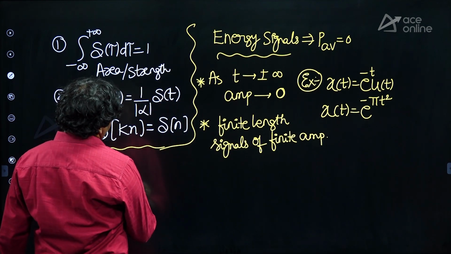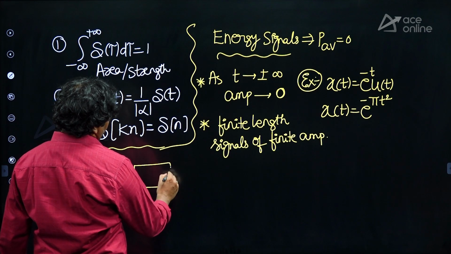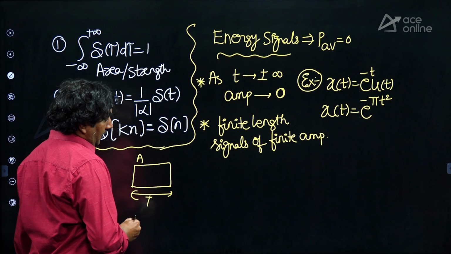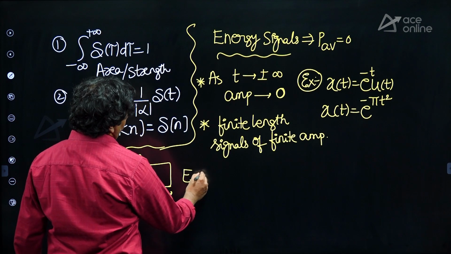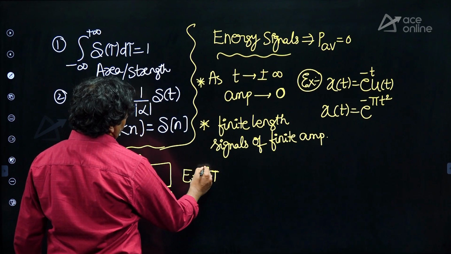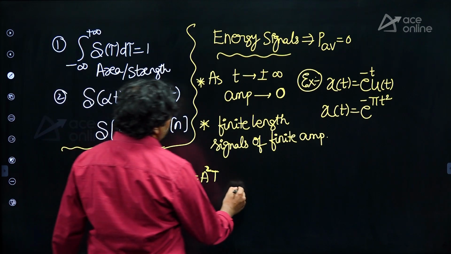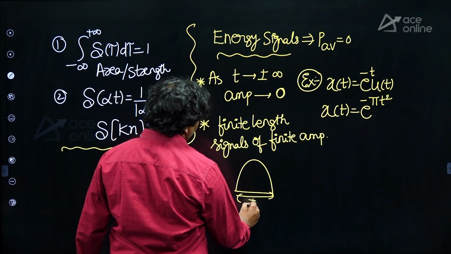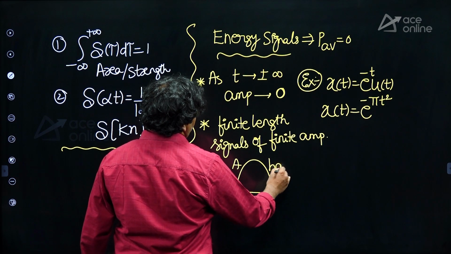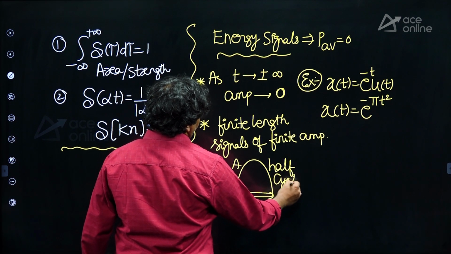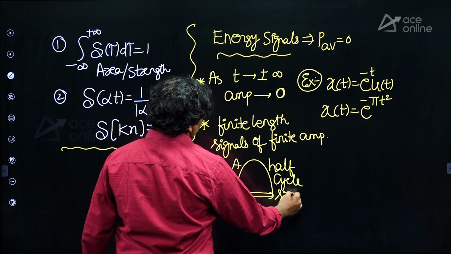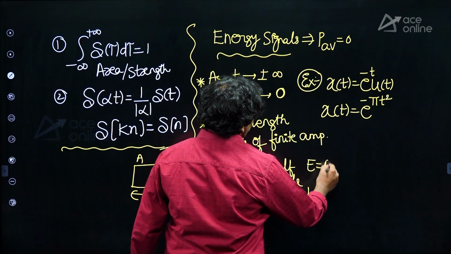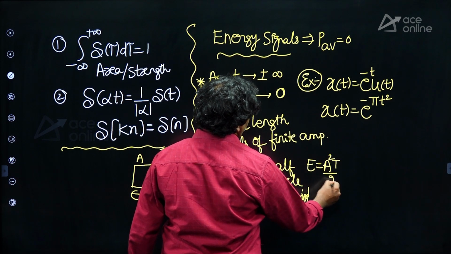How did we study those relations in the regular classroom discussion? When you take a rectangular pulse of width T having amplitude A, the energy is A squared T. When you choose a half cycle sinusoid, the energy is A squared T by 2.